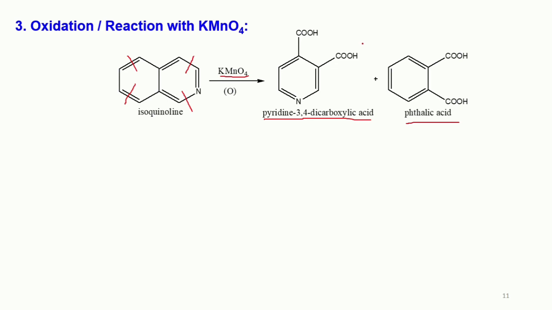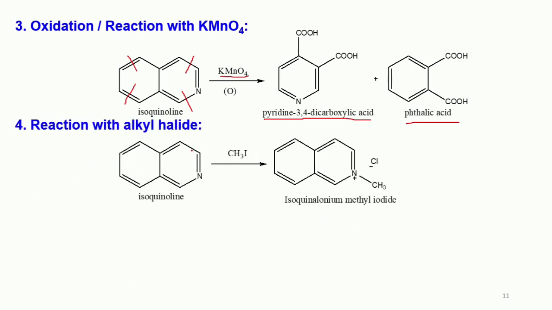So both products form by oxidation in the presence of potassium permanganate, with ring cleavage taking place. Reaction with alkyl halide, as we discussed for quinoline: methyl iodide forms a methyl cation and iodide ion. The lone pair of electrons is donated to the methyl, forming an N-methyl N-C bond, giving isoquinoline methyl iodide.